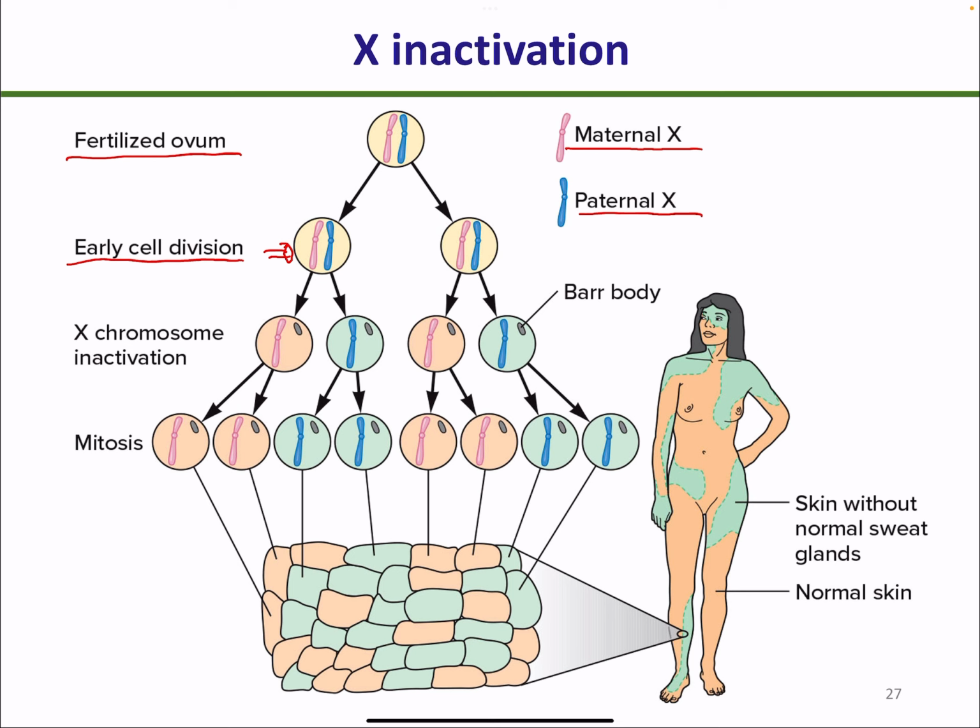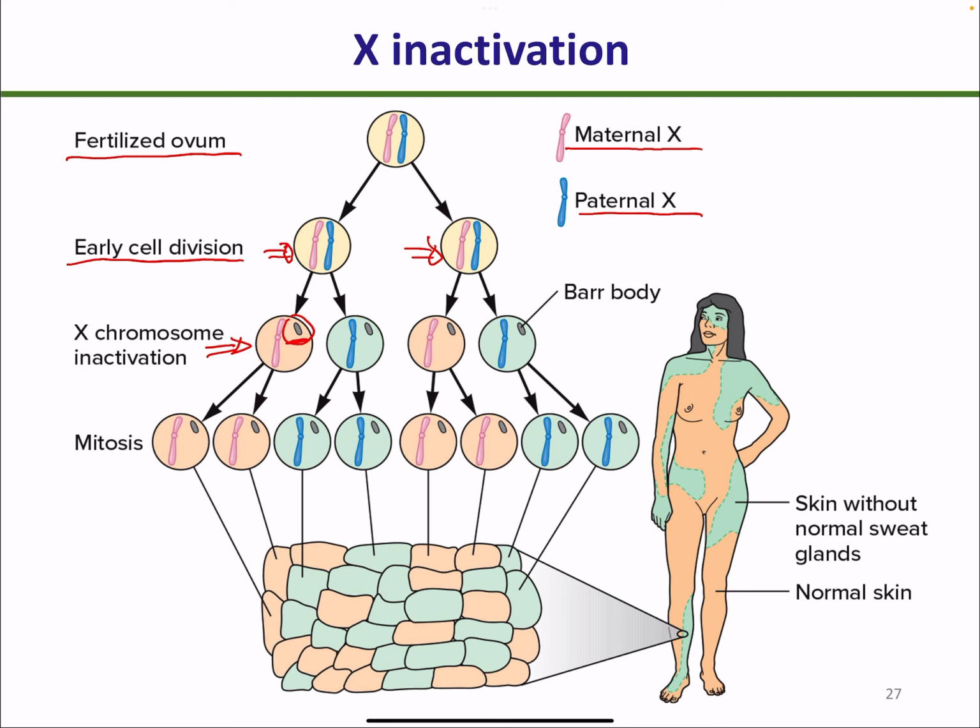These cells are going to undergo cell division, and as the cells divide, in this individual one of the X chromosomes is going to be inactivated. One of the X is inactivated here. One of the X is inactivated here.